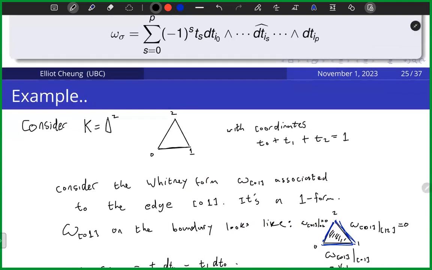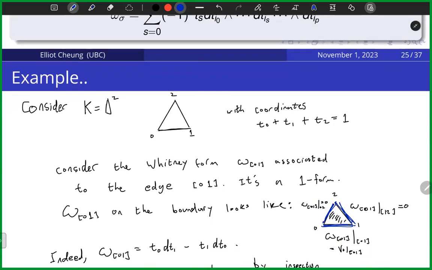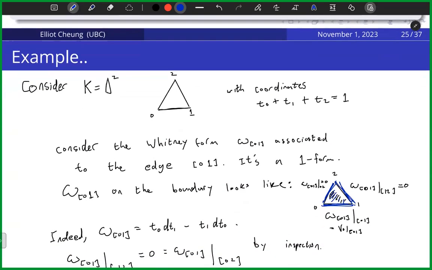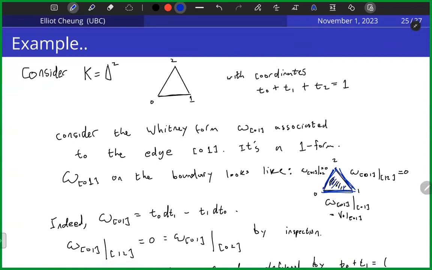What I want it to do is on the 0, 1 edge, be this volume form, and on the other edges, be 0. And then it should be a smooth form inside. Just by inspection, if we restrict to the other 2 edges, 0, 2 and 1, 2, it's 0, right?